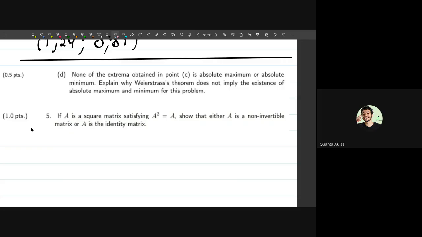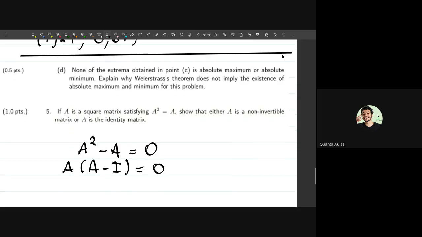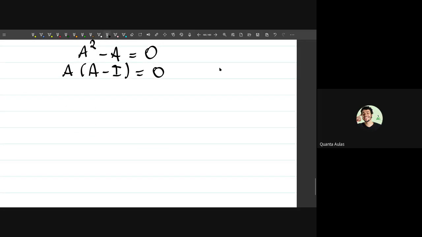Well, we can use a cool idea. For example, if this is true, we have this too. So you can isolate the matrix A, and we will have this. This is cooler and easier to work with. Because if you have this, we have two cases to analyze.